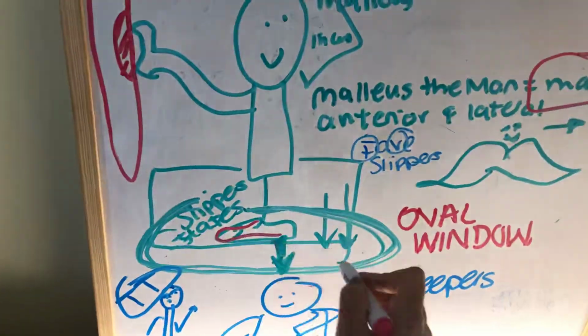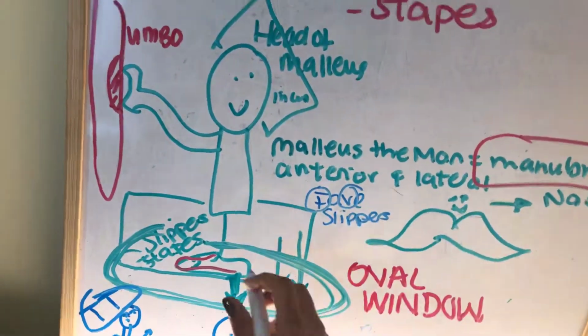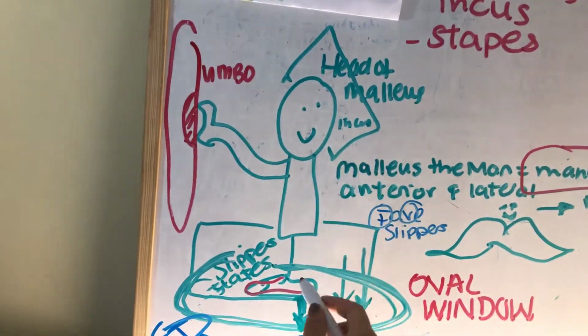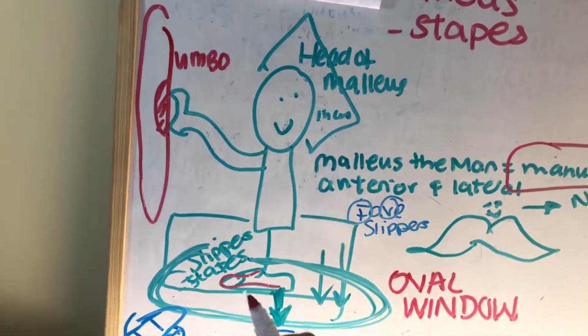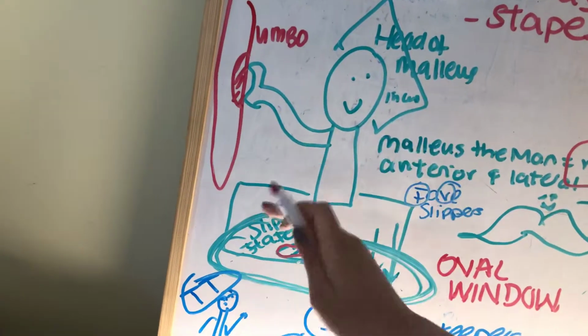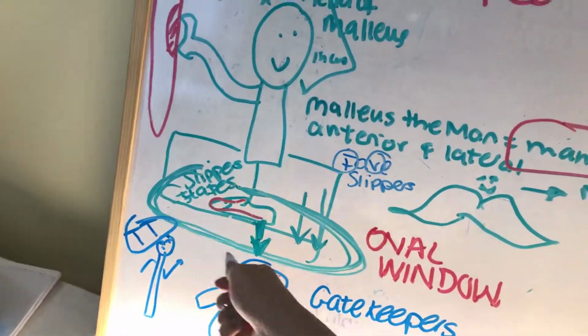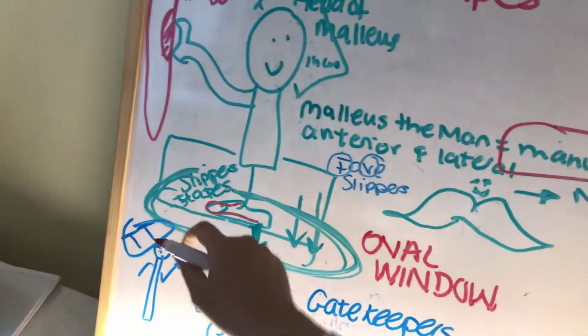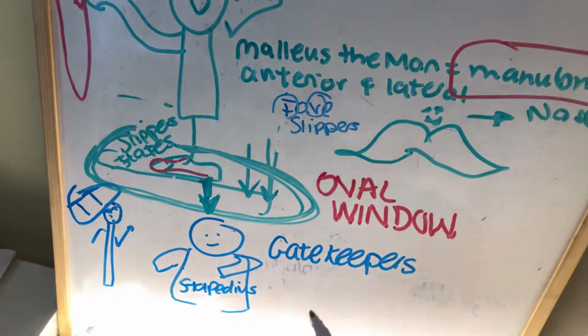Now, obviously it doesn't look like that. Stapes is the slipper. The memory cue is the slipper. And malleus is wearing the slipper, but I don't think they actually come into contact like this. So stapes comes into contact, and he taps his foot and presses hard against the oval window, which malleus is standing on. Malleus is standing on a big oval window.